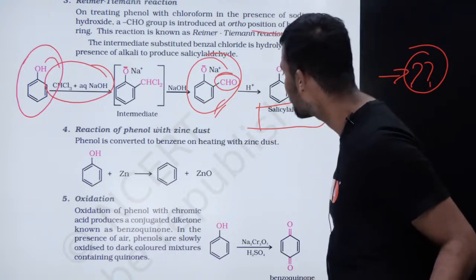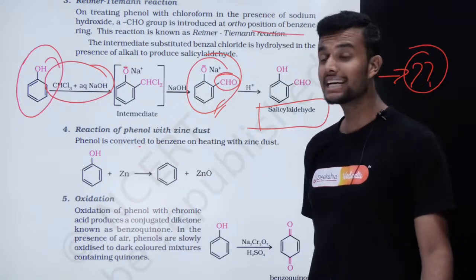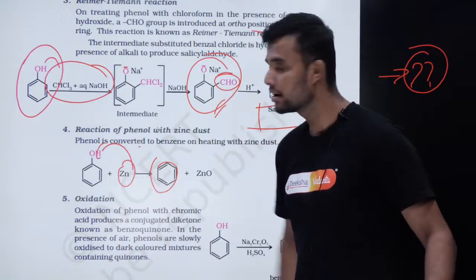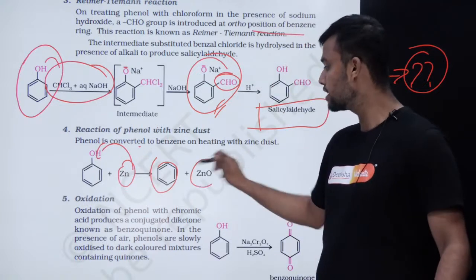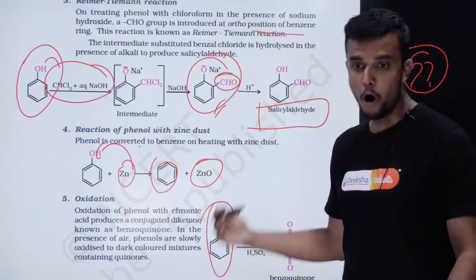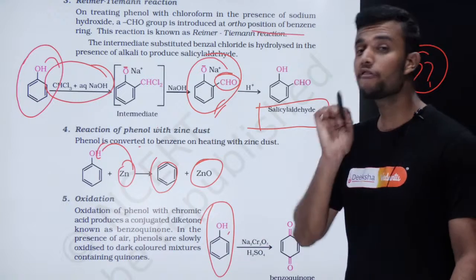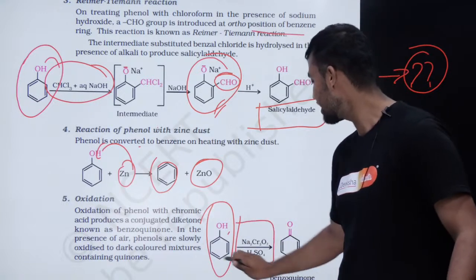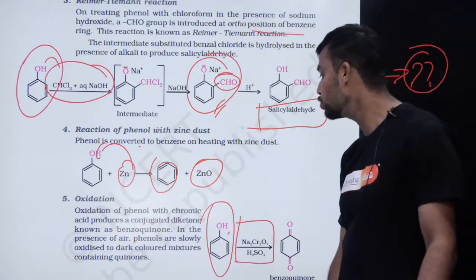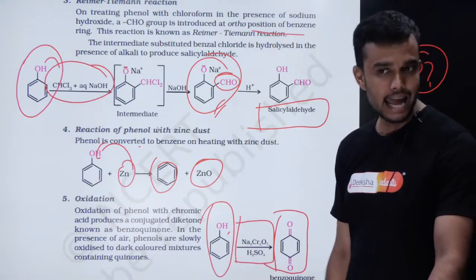Next, move on to the reaction of phenol with zinc dust. Very simple. Whenever phenol is reacted with zinc dust, it is converted to benzene. The zinc reacts with oxygen, then it forms zinc oxide. Then oxidation. Whenever the phenol undergoes oxidation in the presence of oxidizing agents like chromic acid, it produces a conjugated diketone.